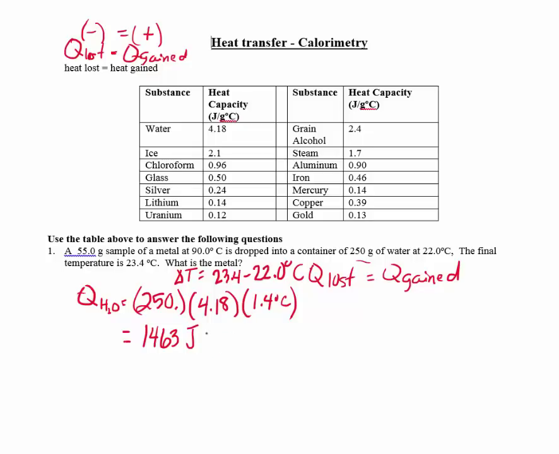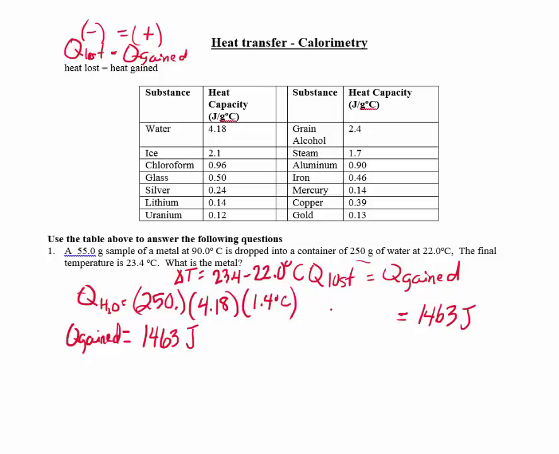This is the amount of heat, this was heat gained. And that's only half of it. So now I'm going to have to do Q equals MC delta T, because the only way I can identify this metal is to be able to do the specific heat. We just figured out how much energy was gained. That water gained that much energy.